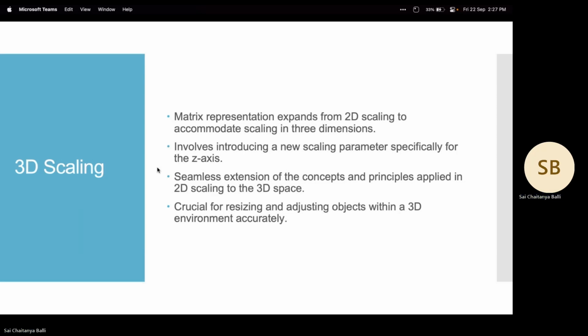In simple terms, the matrix representation expands from 2D scaling to accommodate scaling in the third dimension. It is a seamless extension of the concepts and principles applied in 2D scaling to 3D space. It is crucial for resizing and adjusting objects within a 3D environment accurately, because if that isn't done, then the entire object shape will be changed.